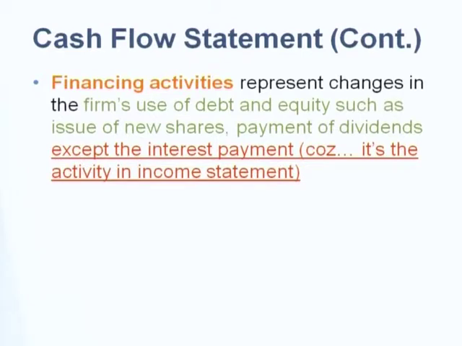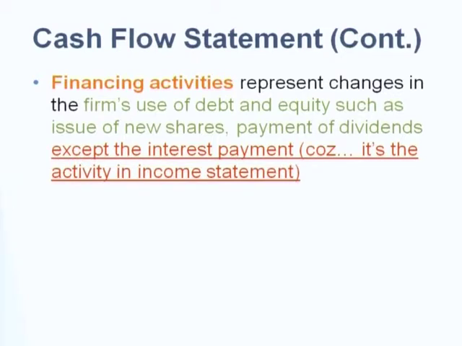Financing activity represents change in the firm's use of debt and equity, such as issue of new shares, payment of dividends, except interest payment. Why? Interest payment is part of net income, so you pay interest and then you get income. So interest payment must be operating activity. Once you issue common stock, the proceeds, the money that you receive from the issuance, is financing activity.